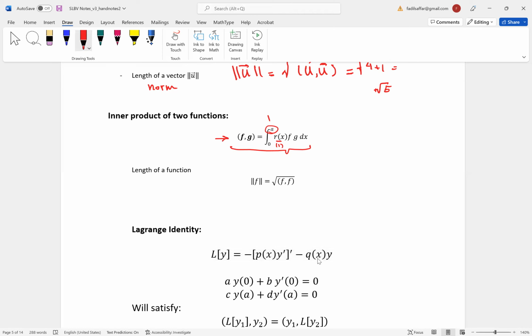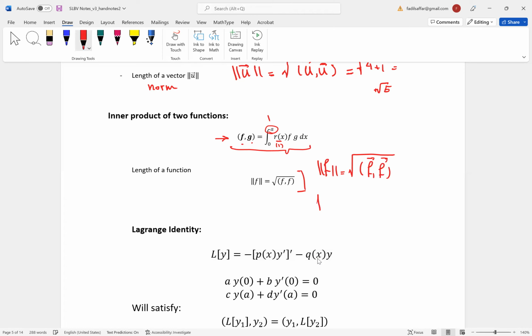So if we have any two functions f and g, the inner product is the integration from 0 to a of r of x times f times g. That's the inner product of two functions. And now, since we are speaking about vectors that are functions, we can speak as well about the length of the function. Just like before, it's the square root of the inner product of the function with itself.